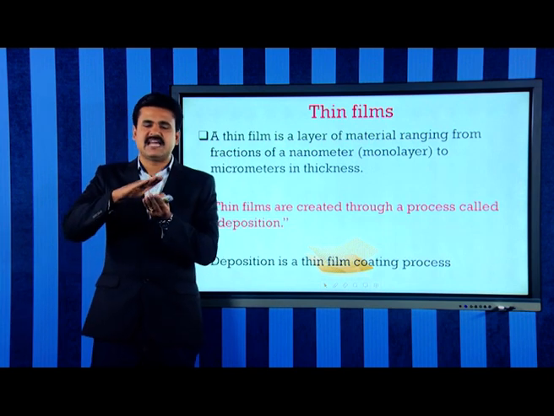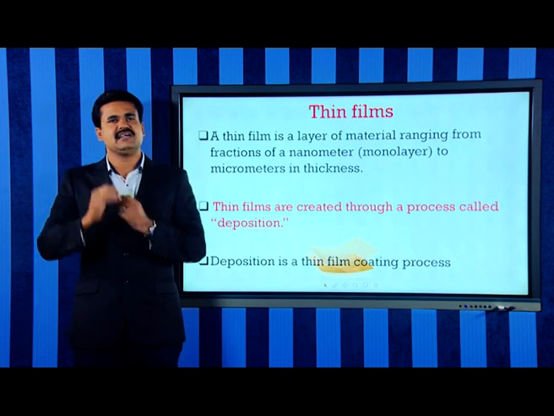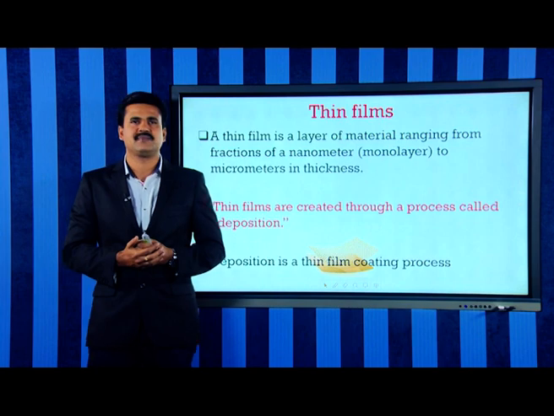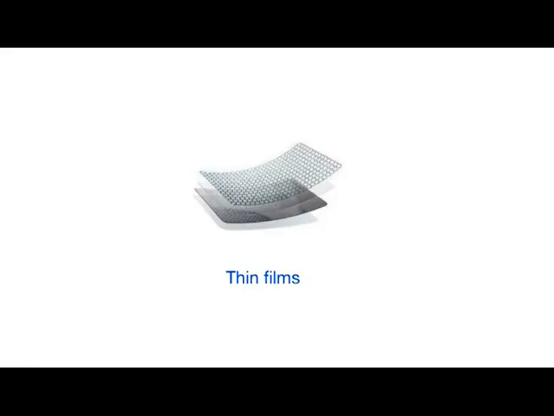That is, when thin layers are assembled together, we will get a micro-layered assembly. That is, nano level simply changed to the micro level. Then thin films are generally prepared by a procedure called deposition. Deposition is a thin film coating process.